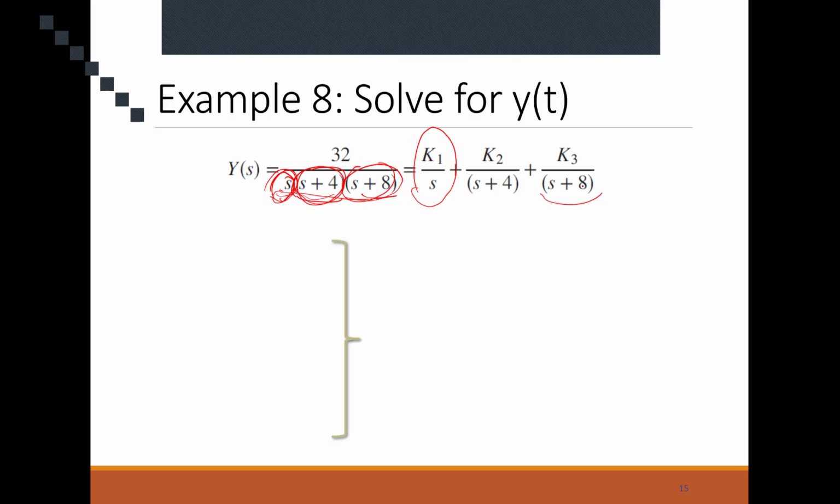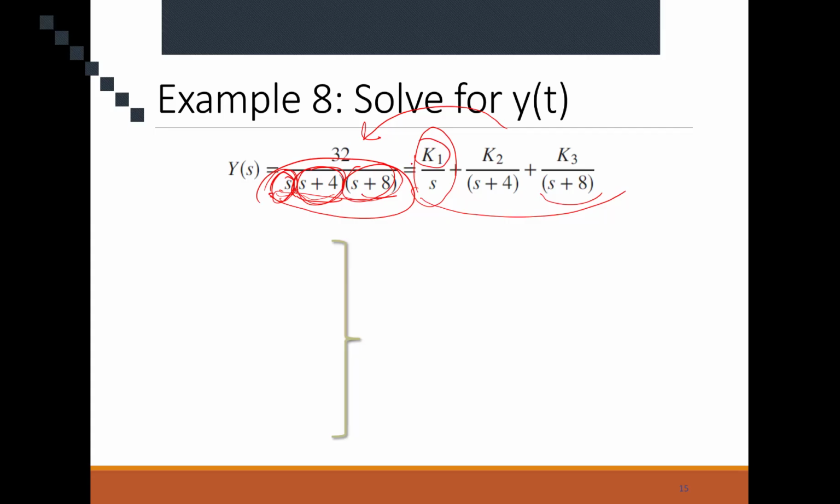This is how you transfer a fraction with the multiplication of several terms in the denominator into the summation of fractions, each with an individual term in the denominator. You know how to transfer this one to this one. It's the reverse. Are we good?